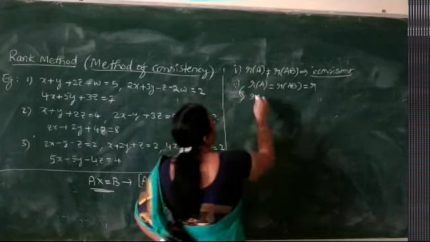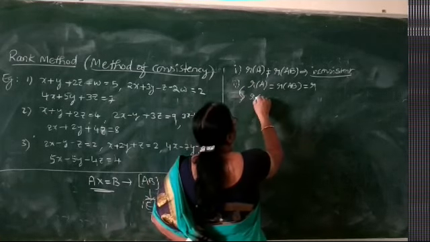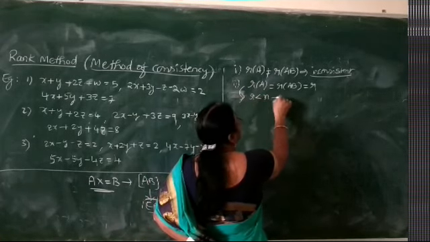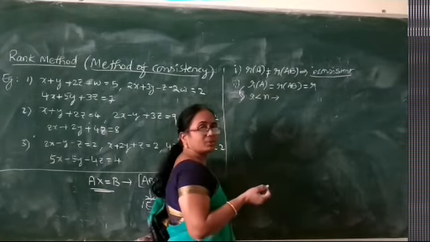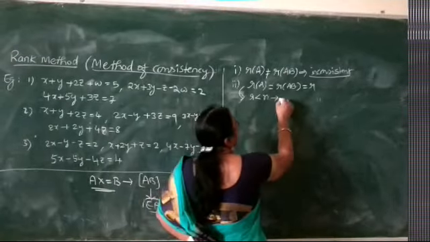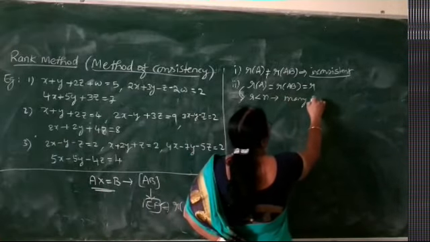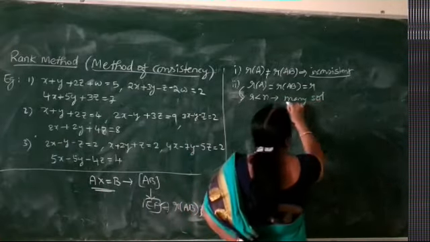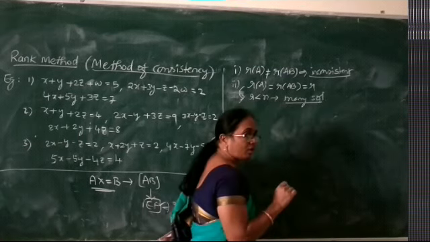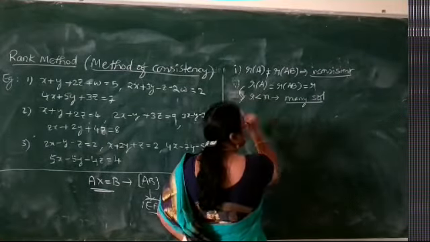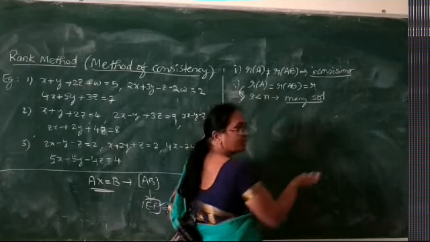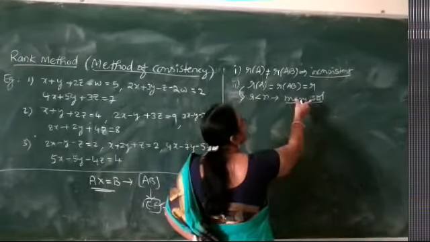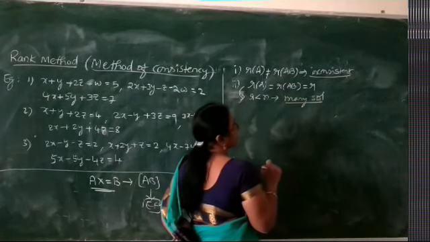If r is less than n, we say that the given system has many solutions, an infinite number of solutions. The infinite number of solutions depends on the difference n minus r: n minus r unknowns are given arbitrary values, and we get infinitely many solutions.